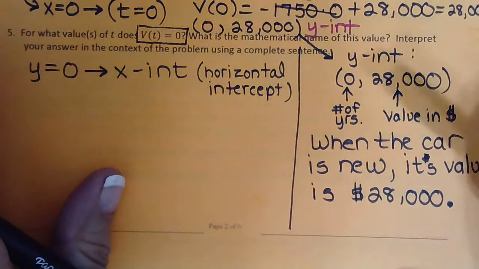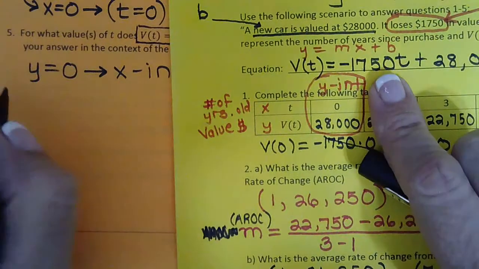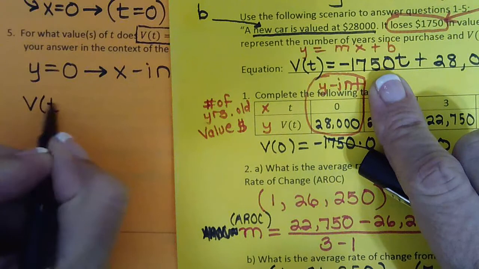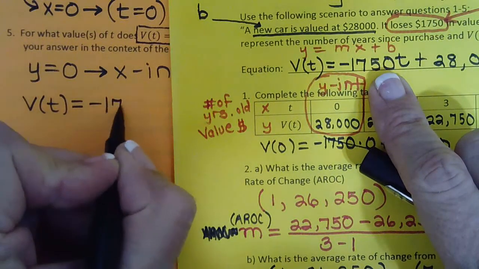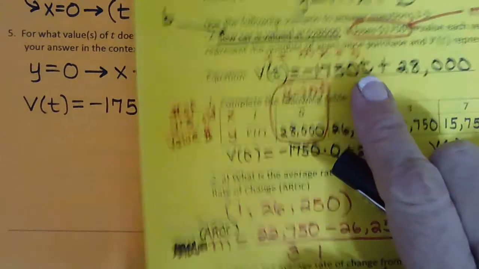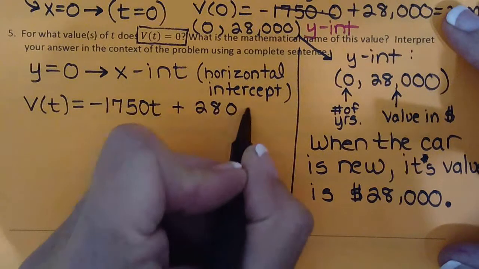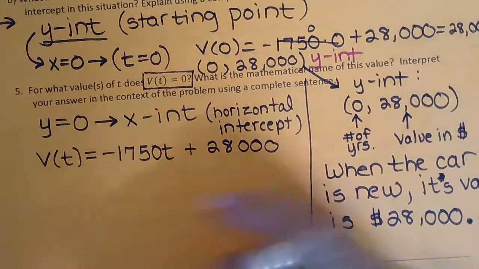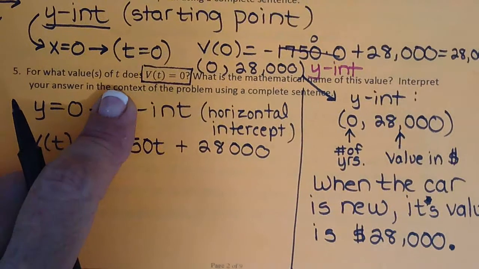So that means go back to your equation. So let's bring our equation right here. So v of t equals negative 1750t plus 28,000. And this says find t when we make v of t 0.